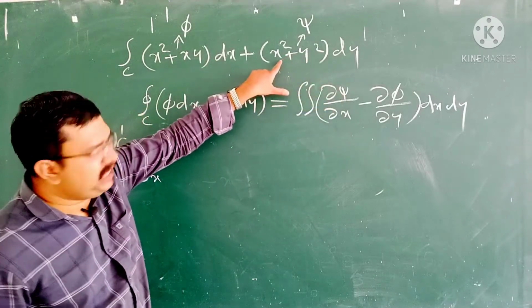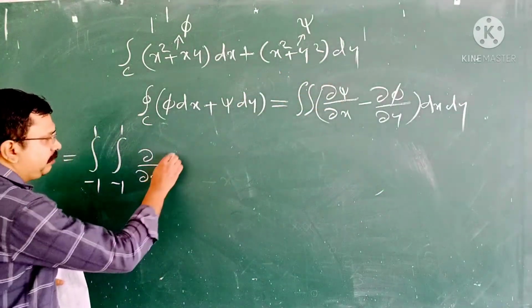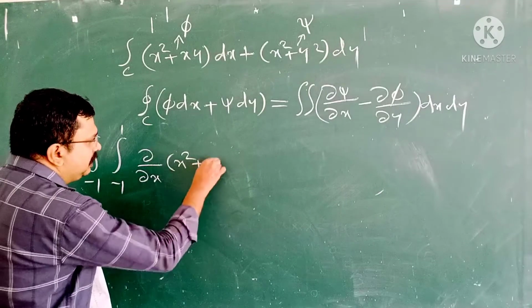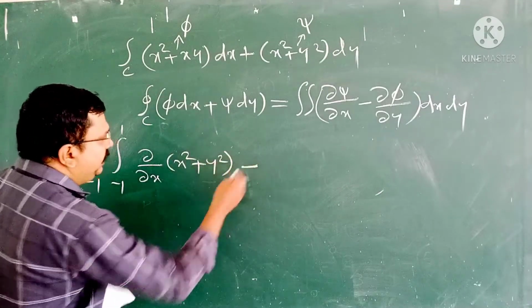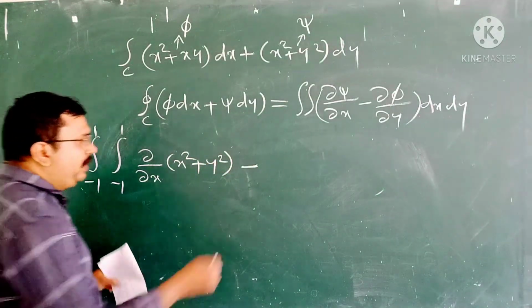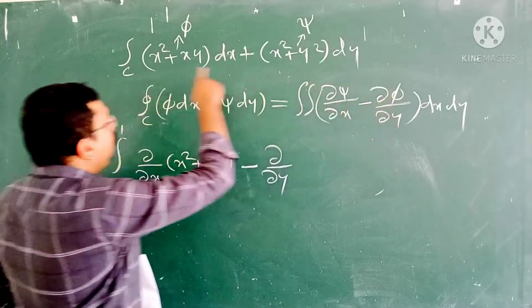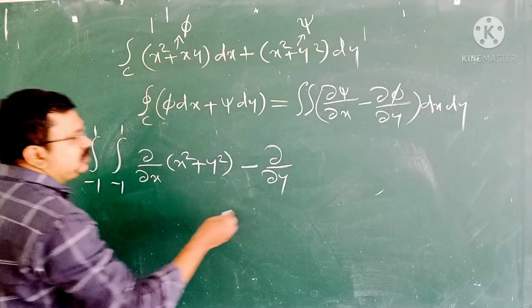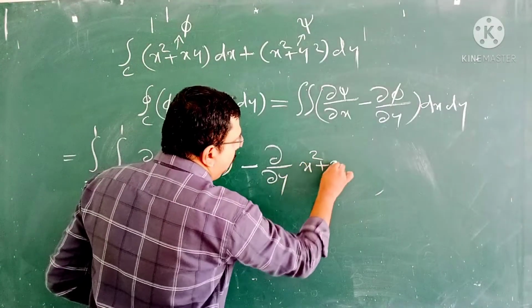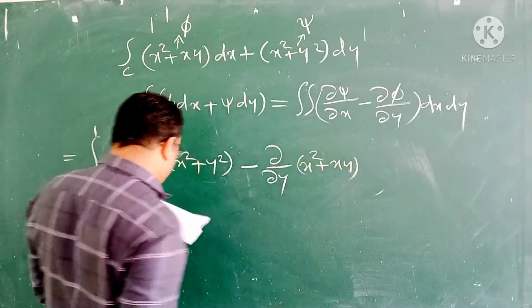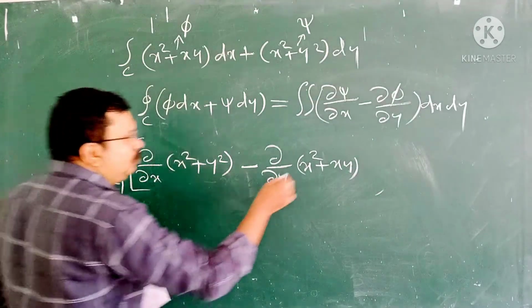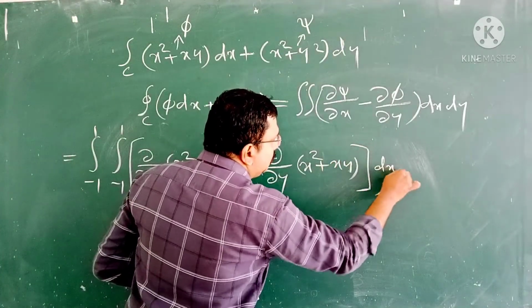What is our psi? X square plus y square. Minus dou by dou y of phi. What is our phi? X square plus xy. The whole dx dy.